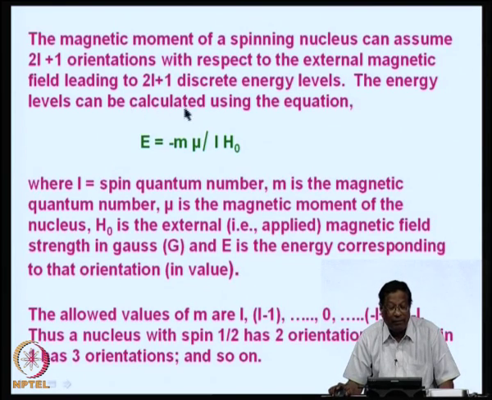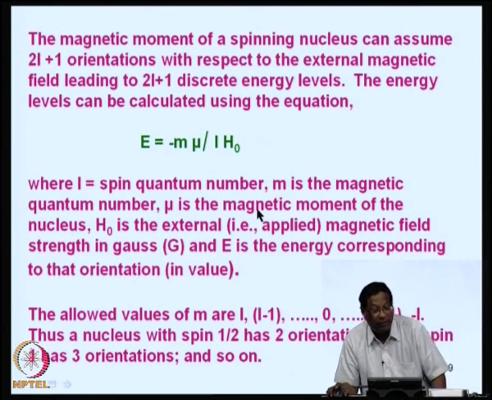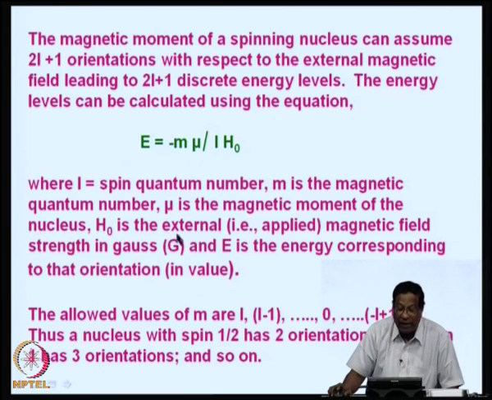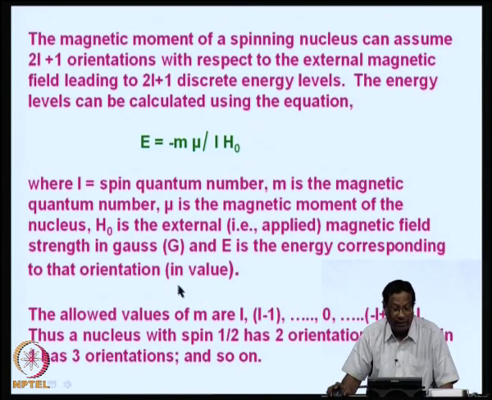The energy levels can be calculated using this equation, which I have already told you, where I is the spin quantum number, m is the magnetic quantum number, μ is the magnetic moment of the nucleus and H0 is the external magnetic field, that is the applied magnetic field having a strength in Gauss, and E is the energy corresponding to that orientation.